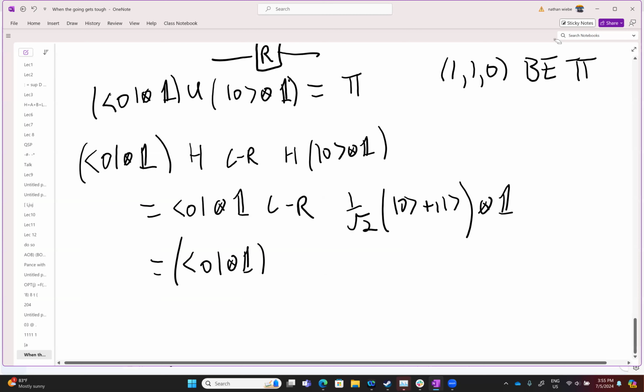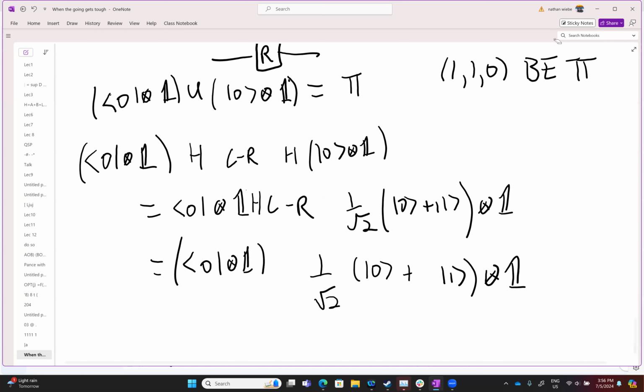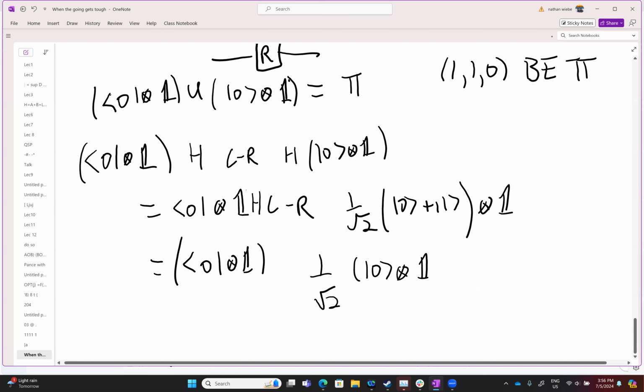Oh, I'm sorry, that's not quite right. The controlled R is going to act as identity on the first bit, but on the second bit it is actually going to give us R times identity, which is the same thing as R on this side.